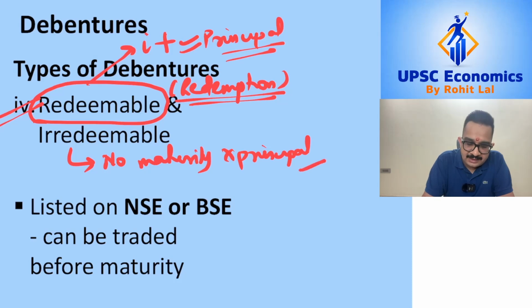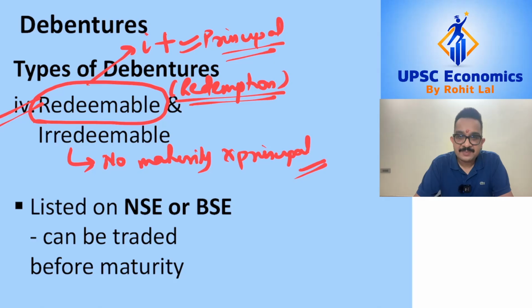Irredeemable debentures offer interest payments annually or at whatever frequency, but the investor does not get paid back the principal amount. The only situation in which these debentures pay back the principal is if the company decides to do so or if the company becomes bankrupt.